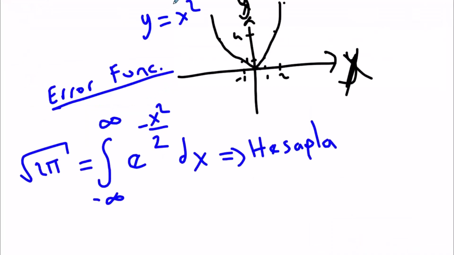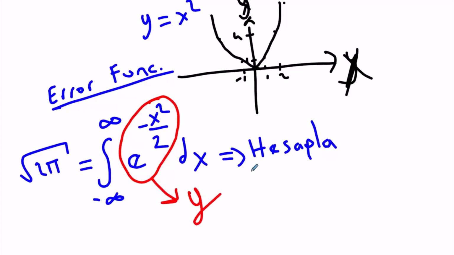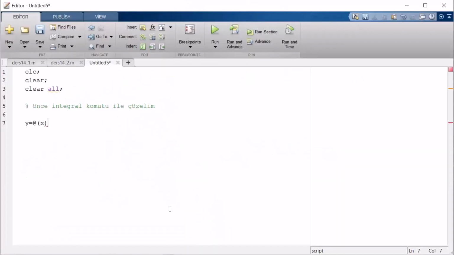The part to be integrated with respect to x is e to the power minus x squared over 2 here. So this is y for us. So I should denote this y as e to the power minus x squared over 2. I wrote it as exp.